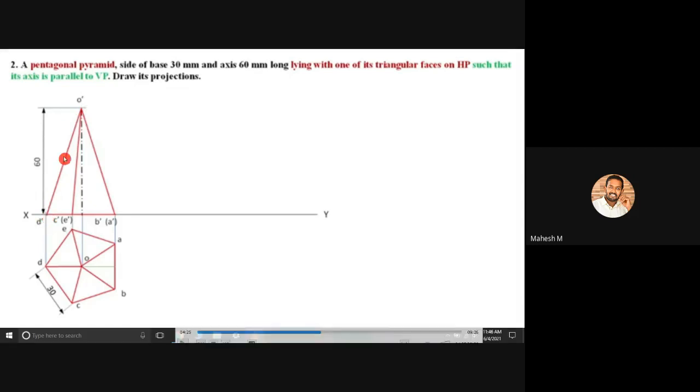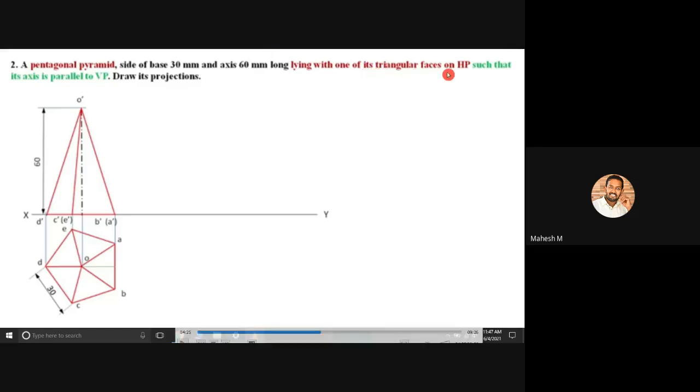What is the name of this line? A triangular face has 3 names. Here it is O dash and here it is D dash. What is the name of this line? O dash D dash. So it is a slant edge.